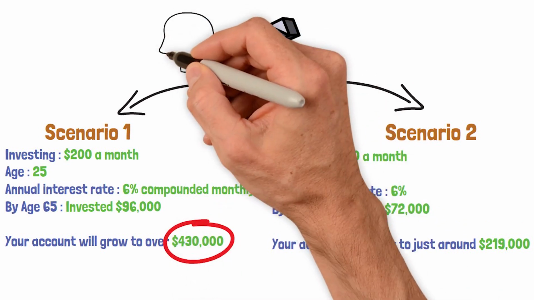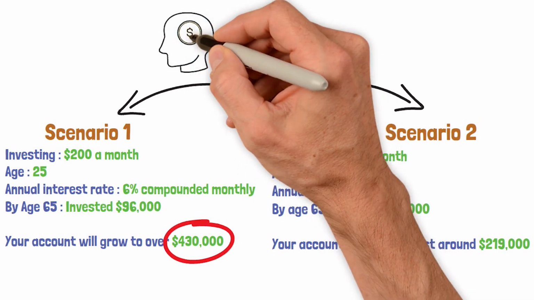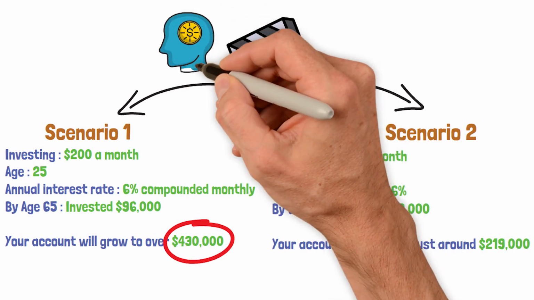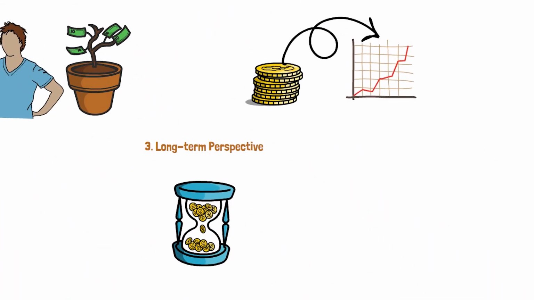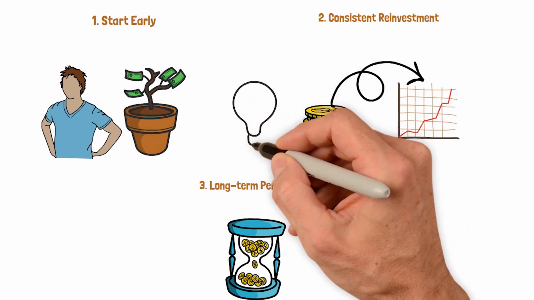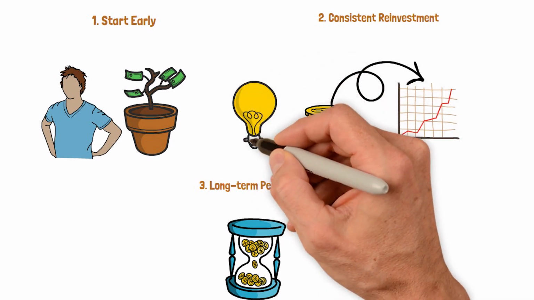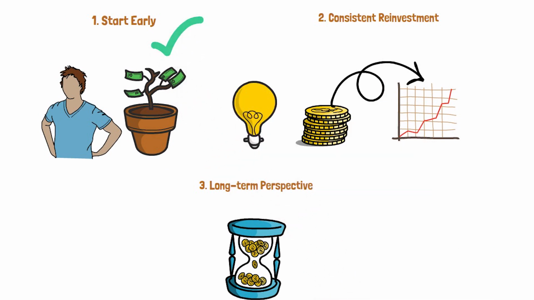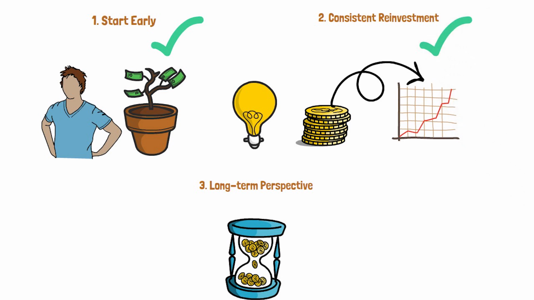By understanding and applying these principles, you too can leverage the power of compound interest to build wealth, just like Warren Buffett. To sum it up, Warren Buffett's effective use of compound interest boils down to these simple yet powerful strategies. 1. Start early. Give your investments time to grow. 2. Consistent reinvestment.